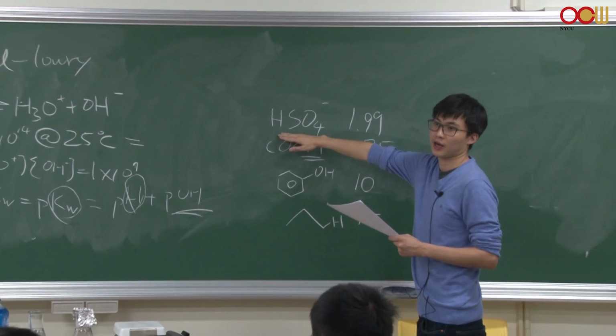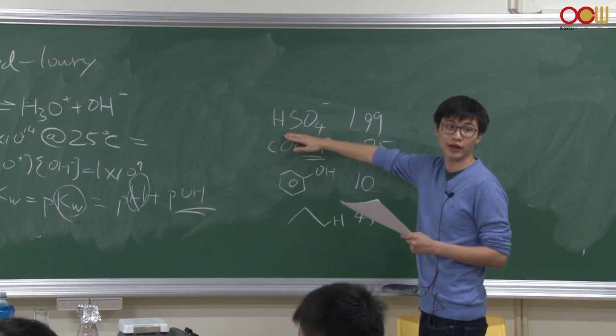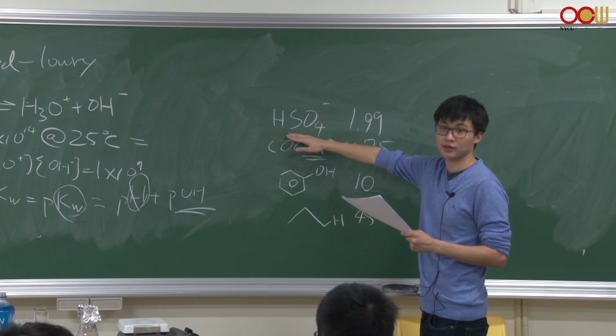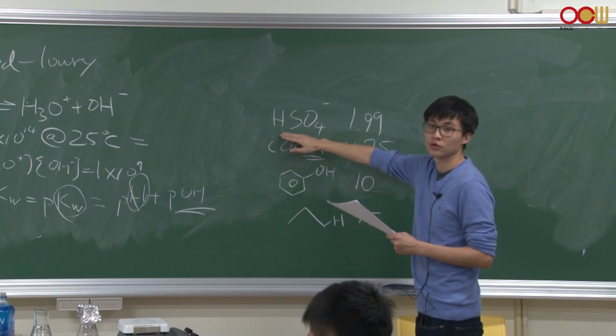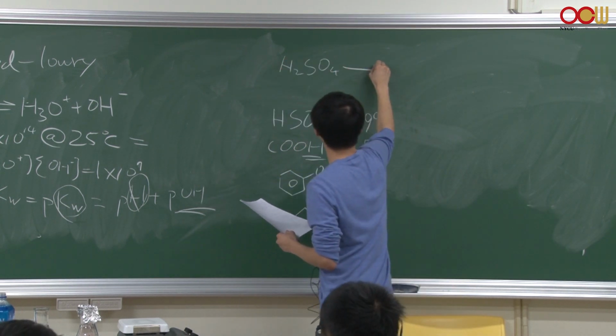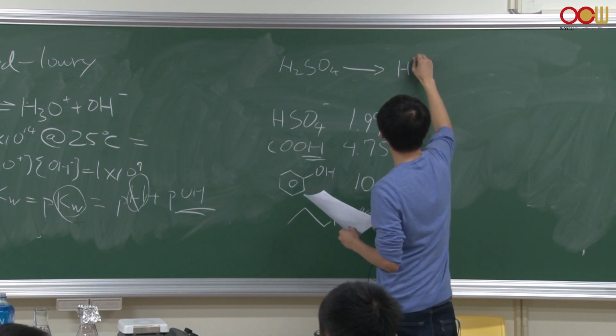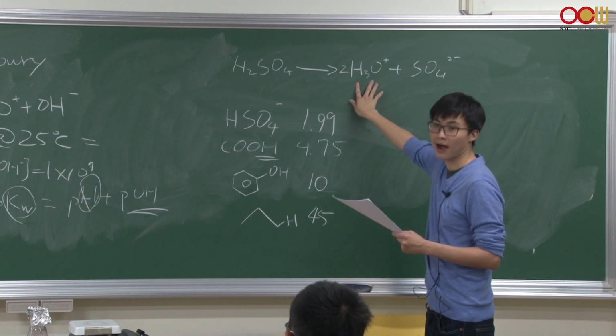You probably do recognize this ion comes from sulfuric acid, right? It's a very strong acid and it has 2 protons to be given away, okay? So usually in solution, if you dissolve it, it's going to give you 2 hydronium ions, right?